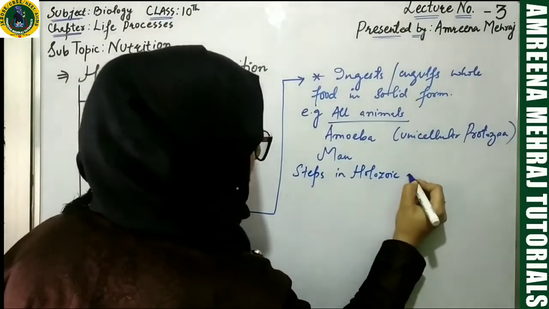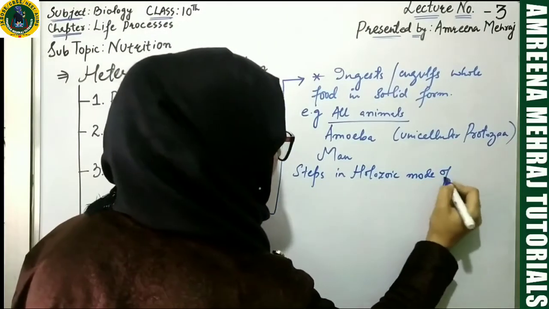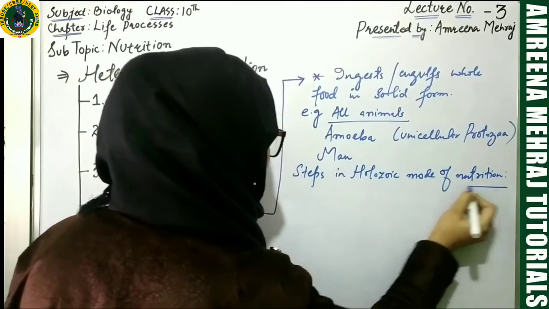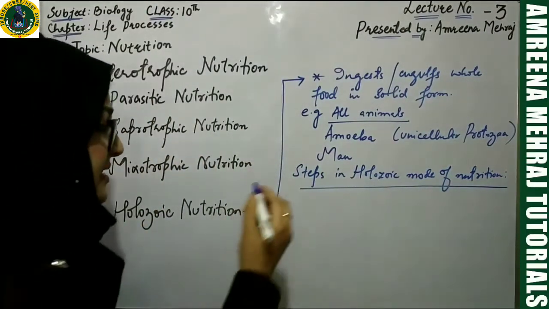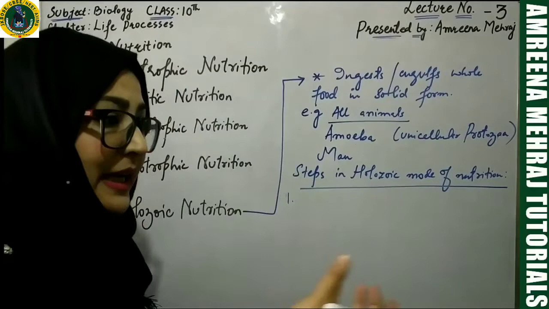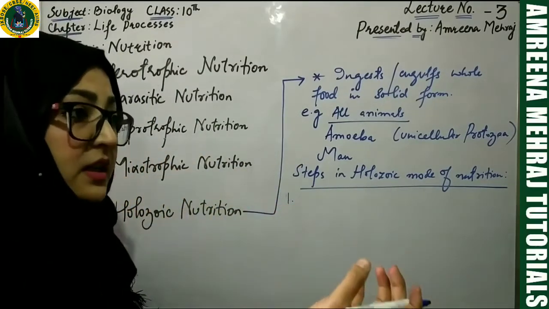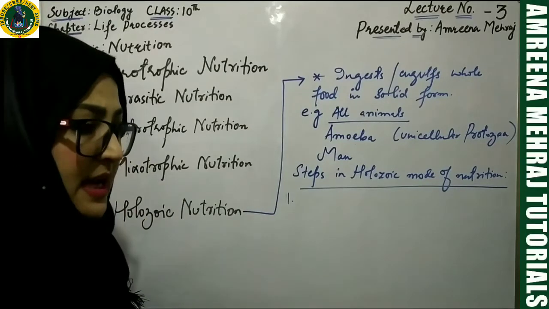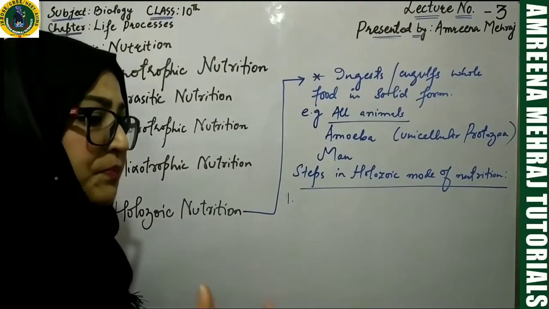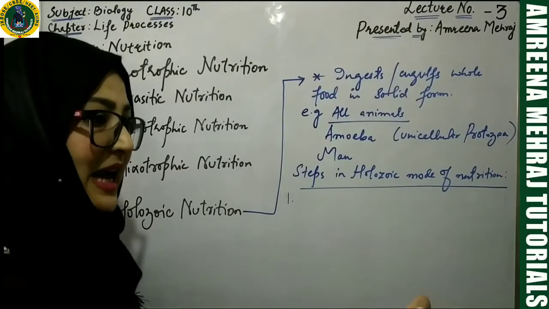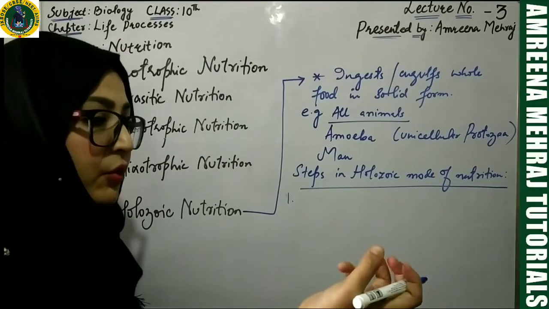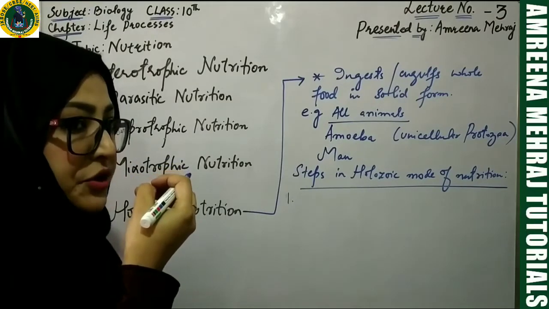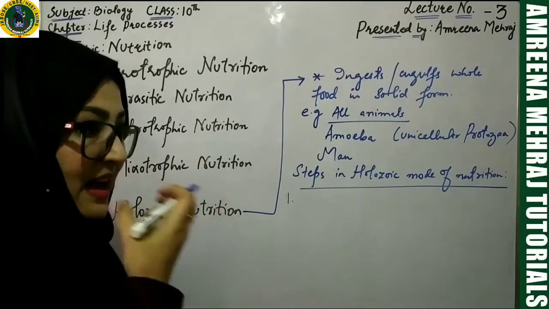So the steps which are involved in holozoic mode of nutrition are as follows. So there will be definitely some steps. The first step will be the intake of the food, the introduction of the food into the body of the organism. Say for example, if we take man into consideration, I have to grab the food with my hands, and then I have to introduce the food, whatever the food is, into my mouth. Specifically, I have to introduce that food into my buccal cavity via the mouth.